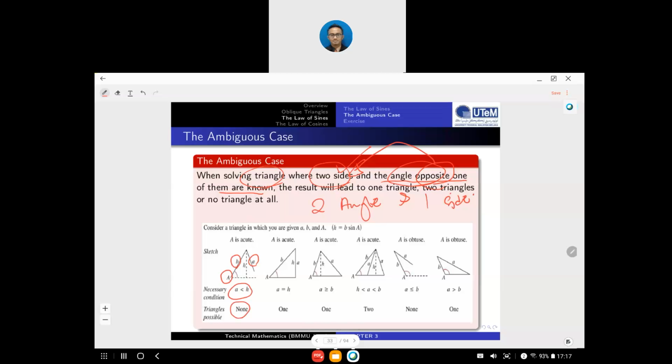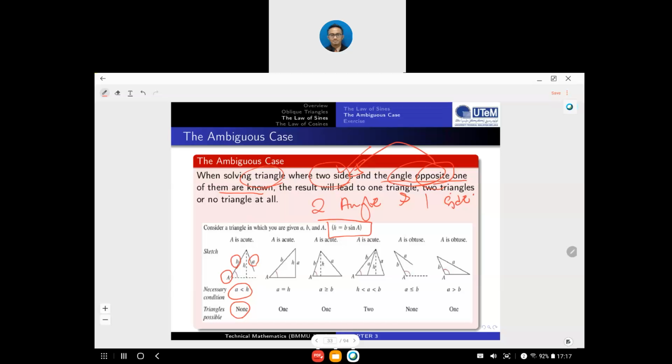How do you identify h? h equals B times sine A, where A is the angle given by the question. Okay, so the triangle does not exist.